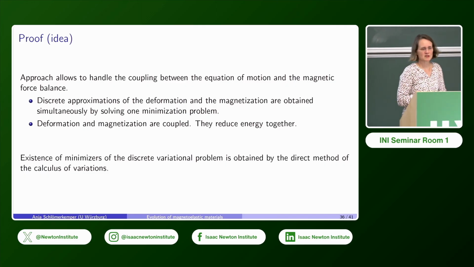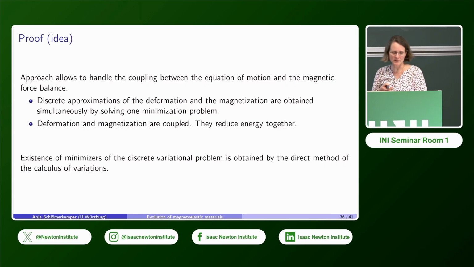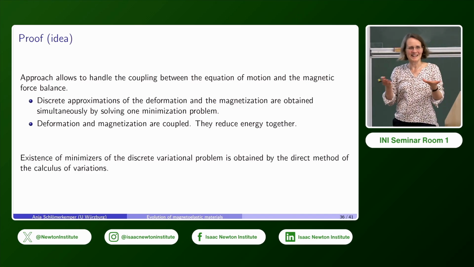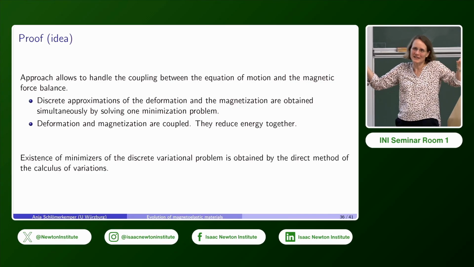And the approach allows us to handle the coupling between the equation of motion and the magnetic force balance. And as I already said, we can minimize this at the same time; we have the discrete approximations of the deformation and the magnetization together. They are coupled, and also physically, it's very natural, yeah, that we would say the energy of a system, that's what nature does, isn't it?